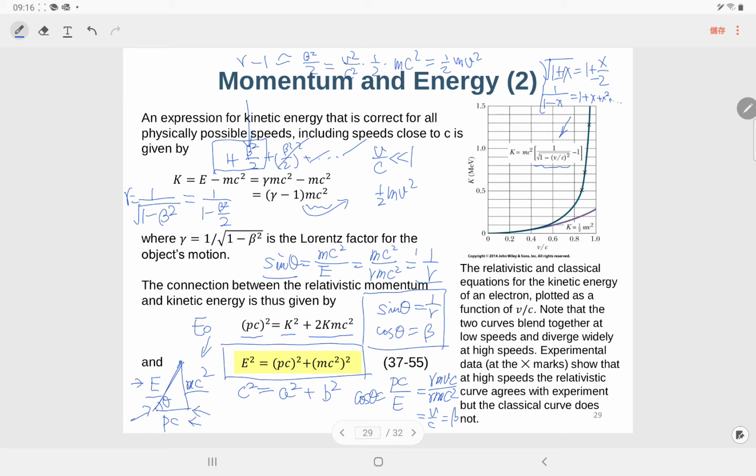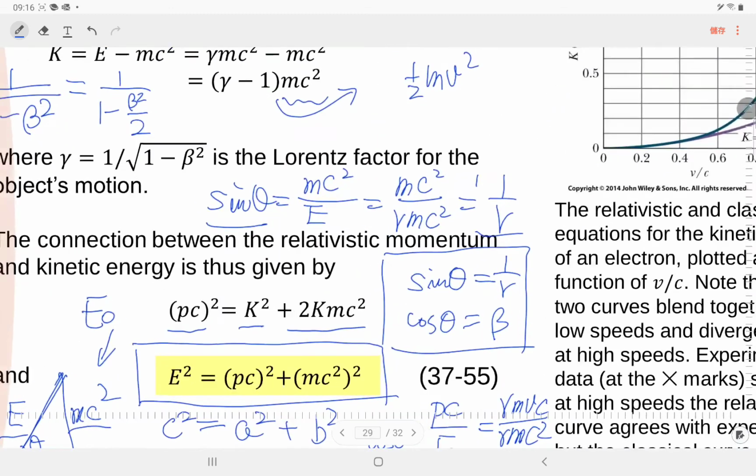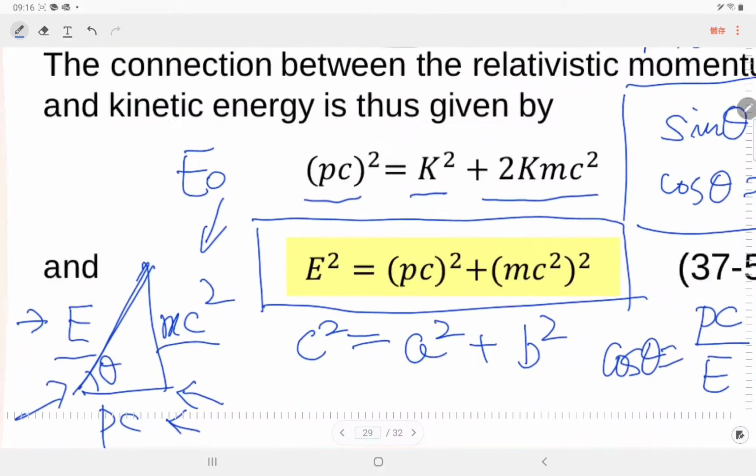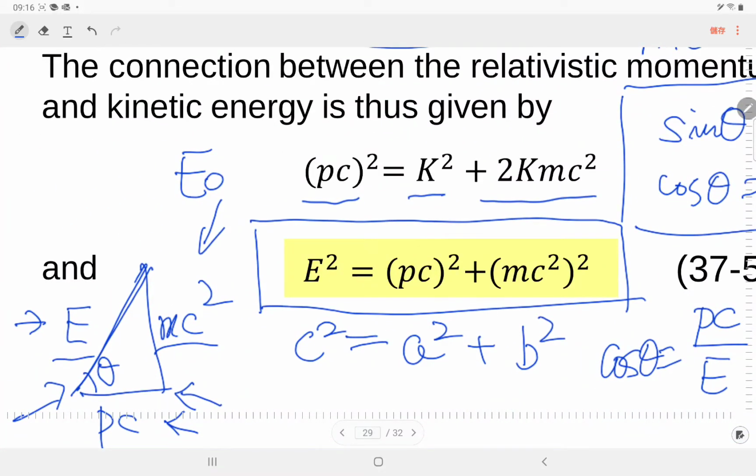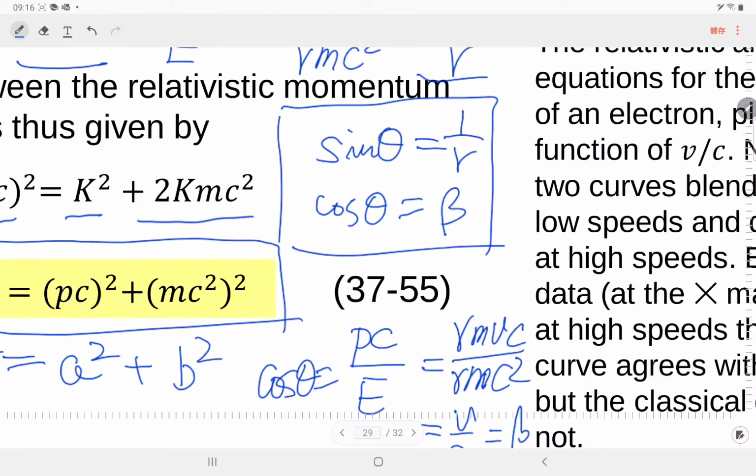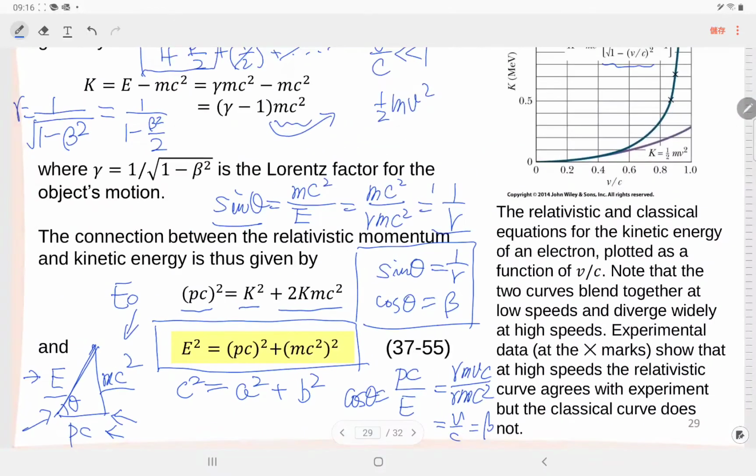So actually this triangle here is very interesting. As you know, cosine theta equals beta.